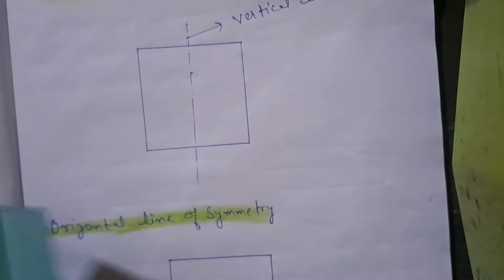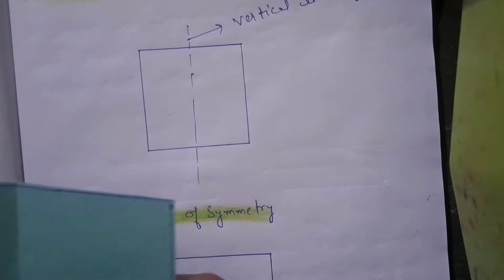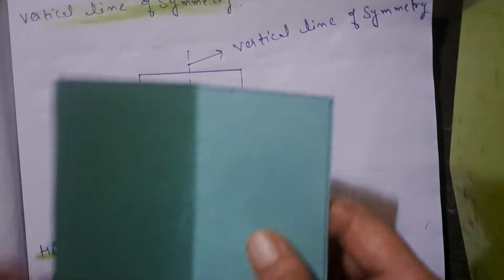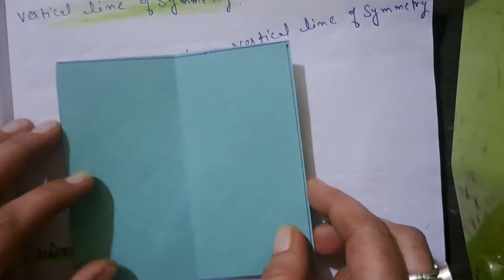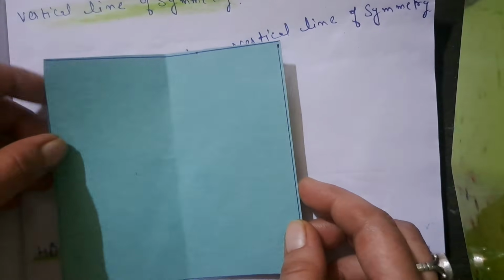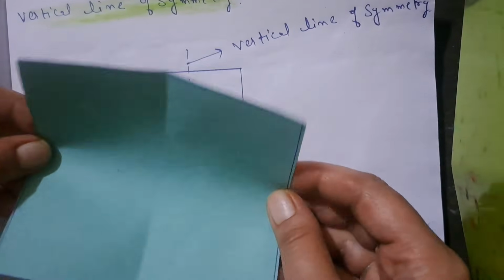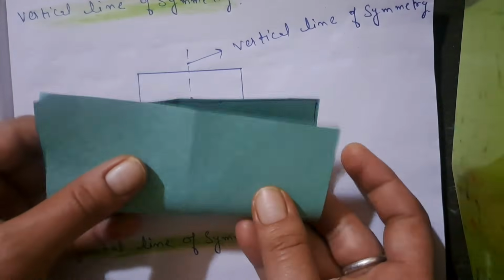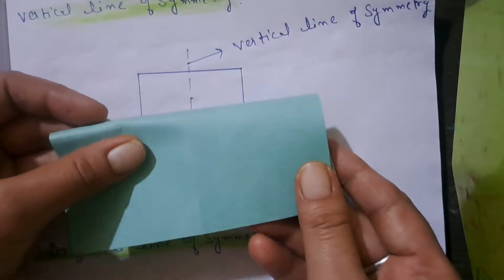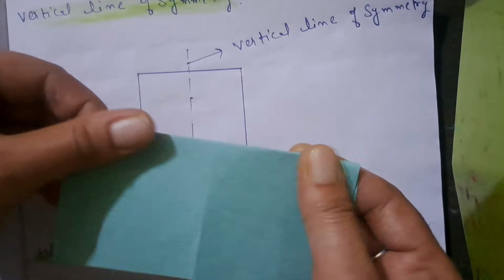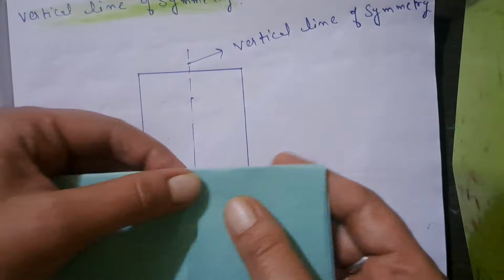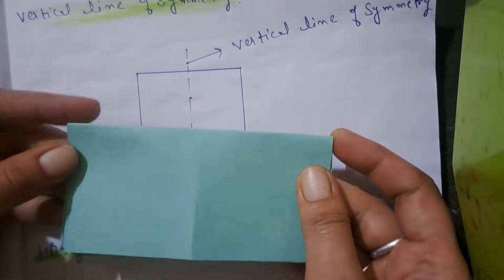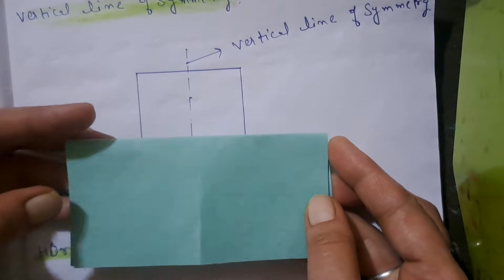Okay, now let's see horizontal line of symmetry. Now fold this square sheet horizontally, like this. Now I have folded it into two equal halves horizontally.